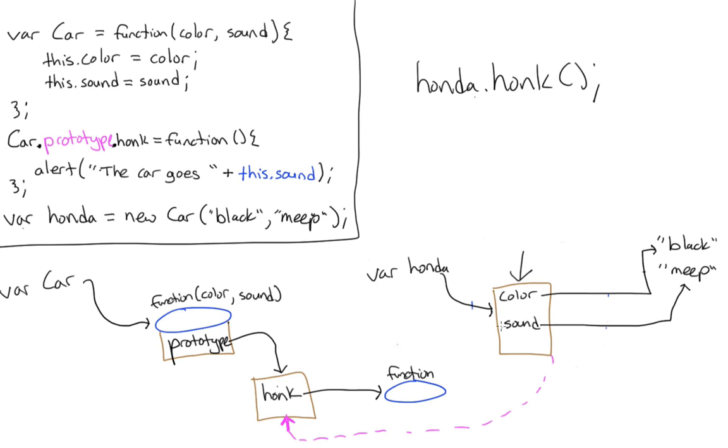So JavaScript cannot find a property called honk in this object. But now that there's a secret link, JavaScript will use that secret link, follow it, and then look for a property called honk in this object. And when it does, it finds it and discovers that this function is the value of Honda.honk.